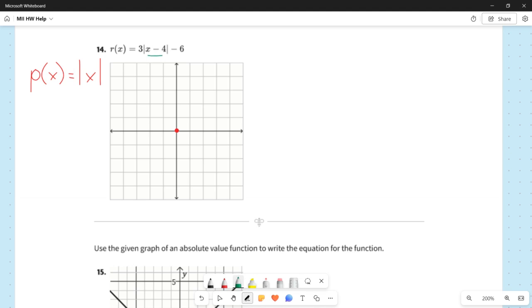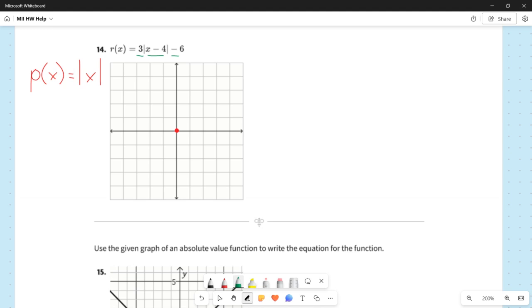We have x minus 4, which represents a horizontal shift. We have a 3, which represents a stretch. And then we have a minus 6, which represents a vertical shift. The order that I just said them is the order that we're going to deal with them.